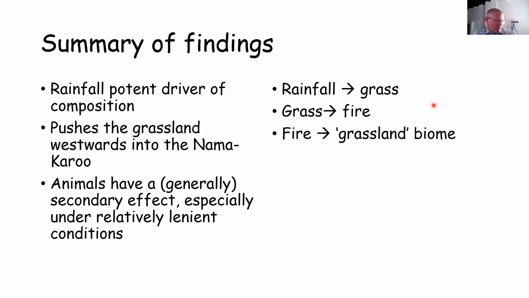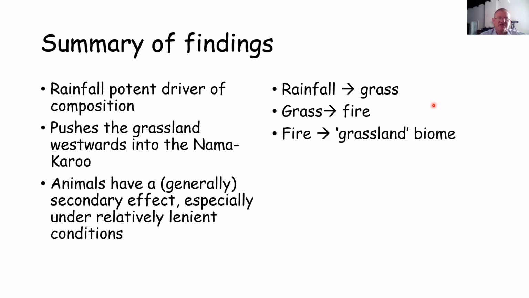Right, so those are some of the main drivers that we've looked at in this part of the world. And so, what's a summary of our findings? I think our overall main finding is that rainfall is really a very, very potent driver of composition in this part of the world. And probably historically, it was underestimated how important a driver it actually was.